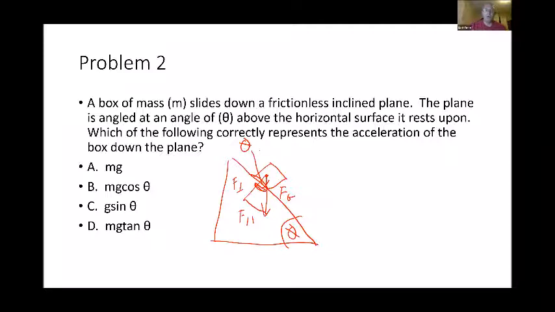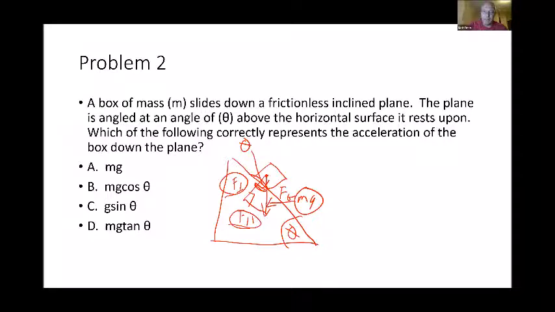So we know that this side of our triangle is our weight. That's mg. It's our weight, mass times gravity. So since it's going to be the hypotenuse of a triangle, we can use that and some trig functions to solve for the parallel and the perpendicular component.